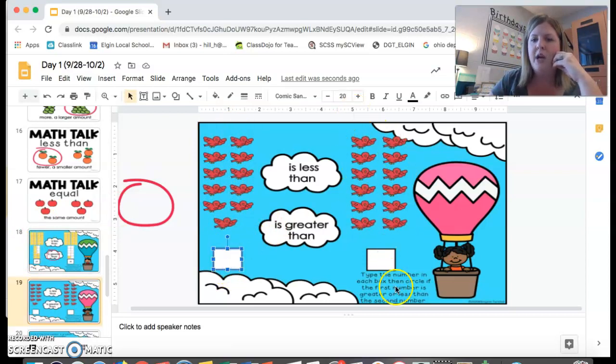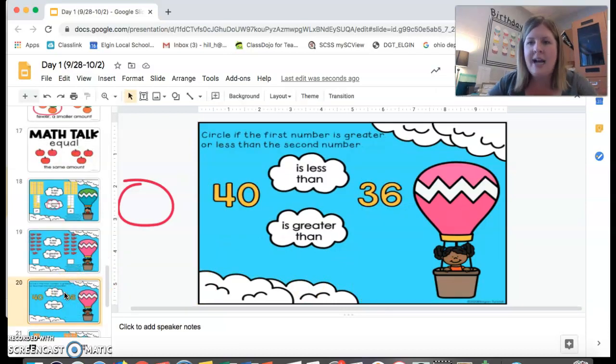How many birds are over here? You're going to count and put it in this box. You're going to compare if this number right here, the first number, is greater than or less than this number. And then you're going to take your circle and you're going to circle either less than or greater than. Again, you're comparing the first number to the second number. Okay?